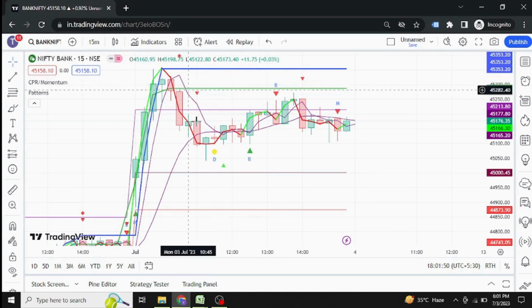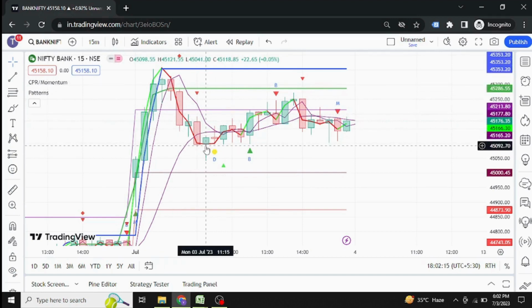So this red, and you take an entry over here at 45,315, and you got somewhere around 200 points, I think. It's not necessary that you take all those points, but still, as soon as it entered over here, it came down till 45,049.